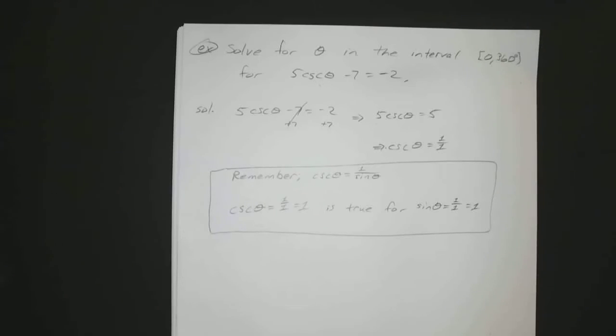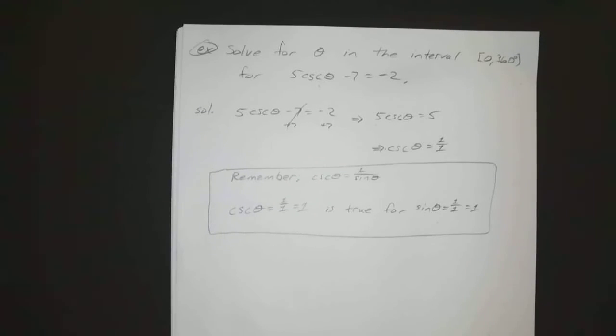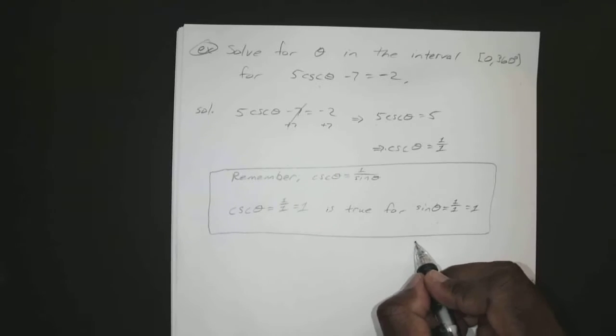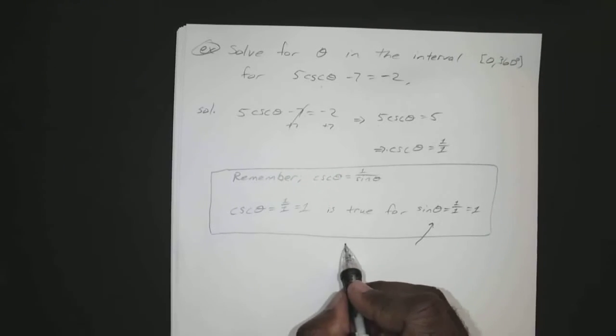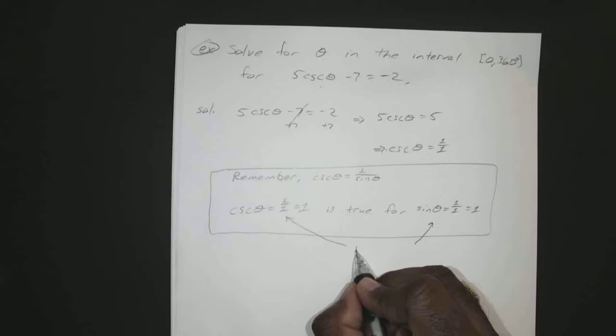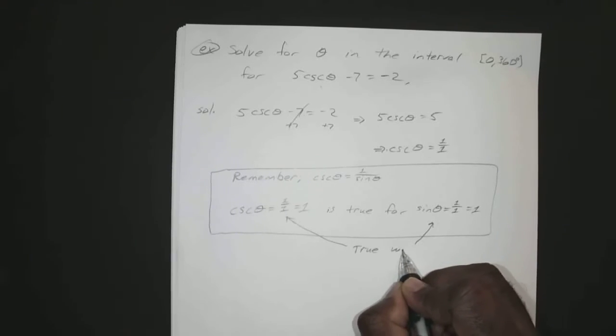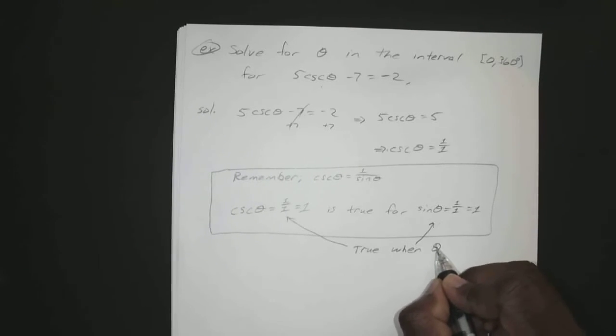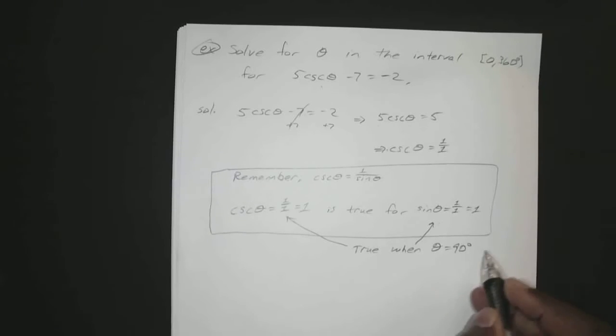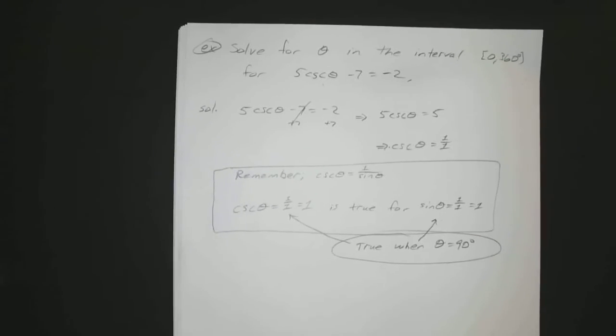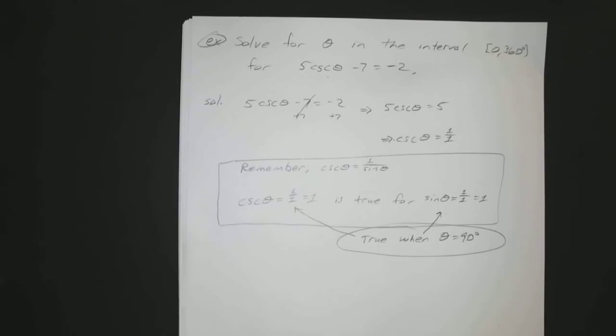Okay. So we know that sine of theta equals 1 at 90 degrees. Actually, you can write an arrow for both of them. It's true when theta equals 90 degrees. All right. So any questions on that one?